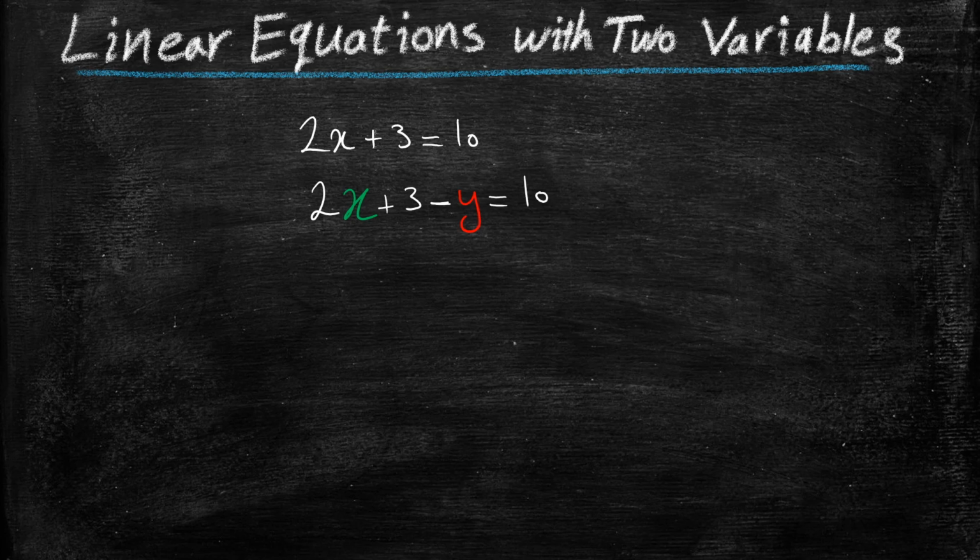Now this is still a linear equation because the greatest exponents of the unknowns here are 1. So it qualifies as a first degree or linear equation, but it has two variables. Now why do I call it variable?